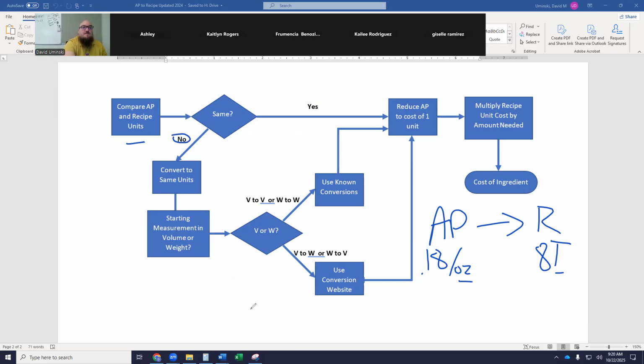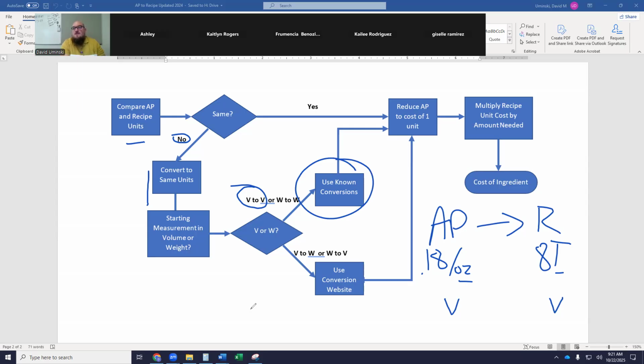So we're going to convert the starting measurements. Are they volume or weight? 18 cents per ounce, that is a volume. And tablespoons, is that a volume or weight? Volume. So if it is volume to volume, then we're going to use those known conversions.